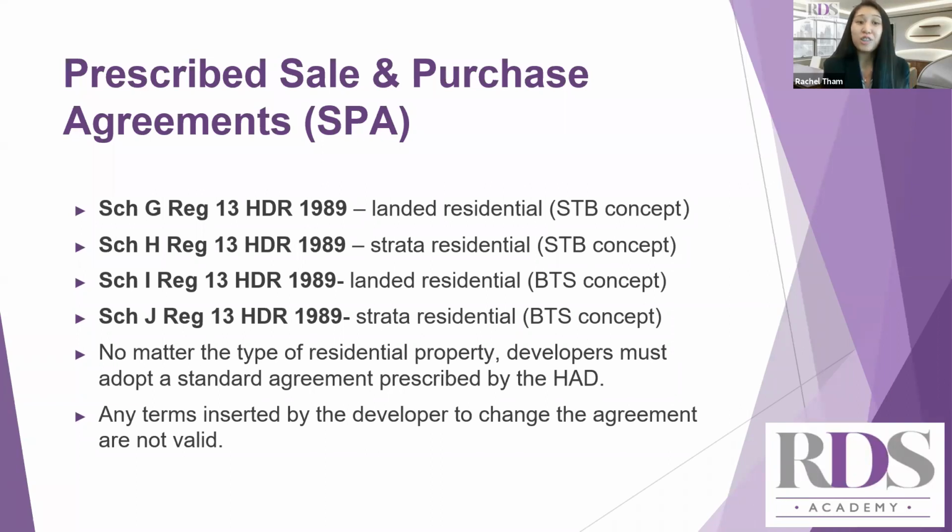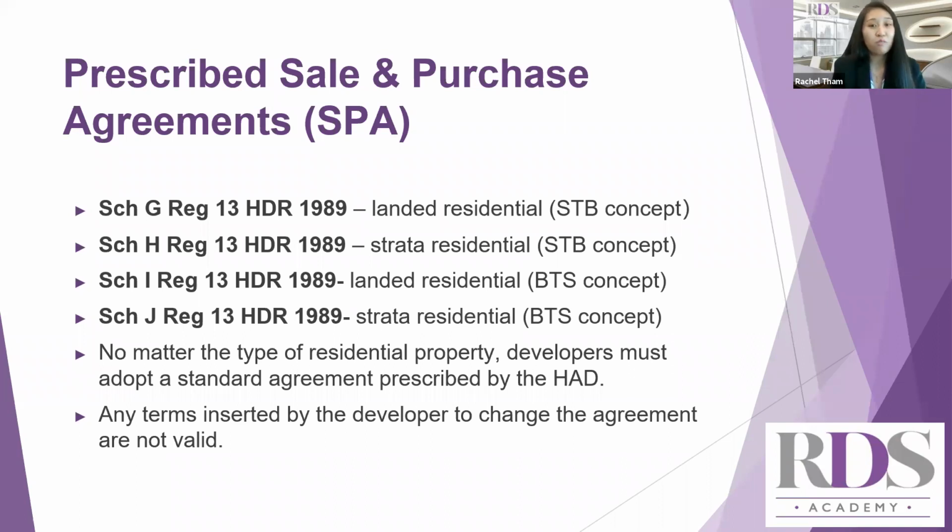As for Schedule J, this will be for the purchase of strata property delivered through that very same BTS concept. So in this concept, you are only required to pay 10% of the purchase price on the date of the signing of the SPA with the developer, while the balance of 90% is to be paid after the completion of the property.